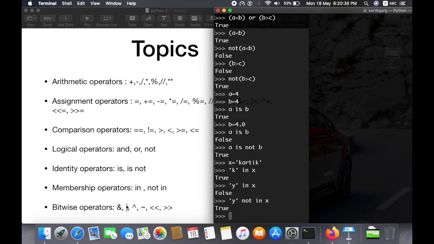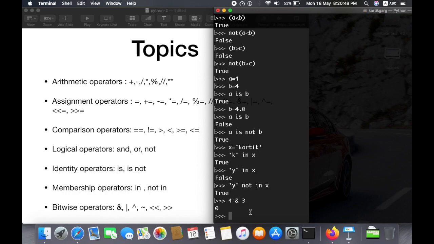I can give you the examples. 4 and 3, this would give me 0 because 4 is 100 and 3 is 011. So there would be no bit similar in this case, so the output would be 0 as AND checks for both bits to be similar.